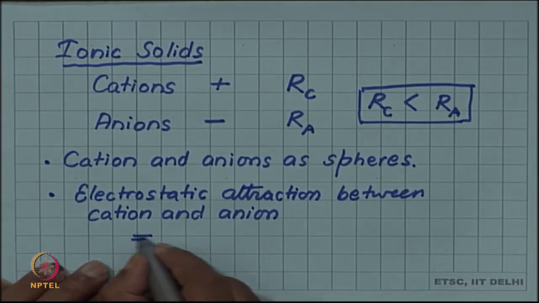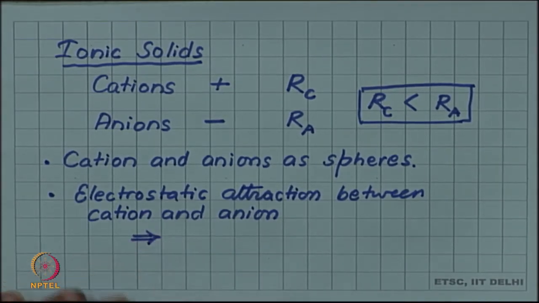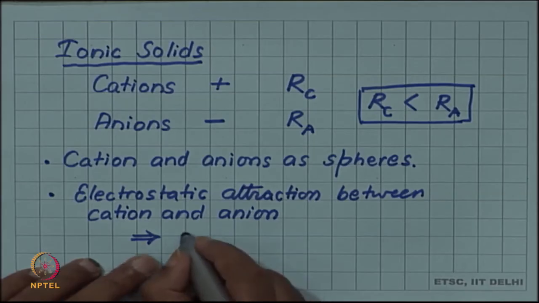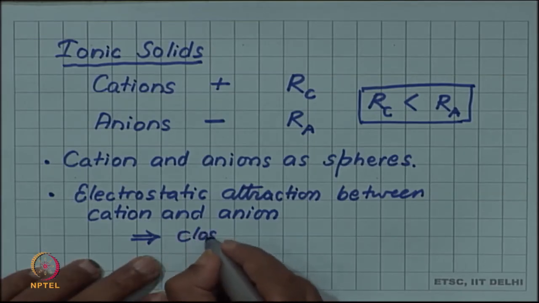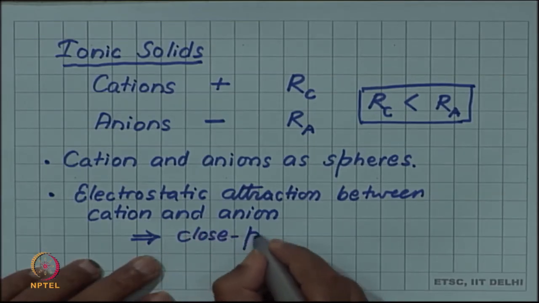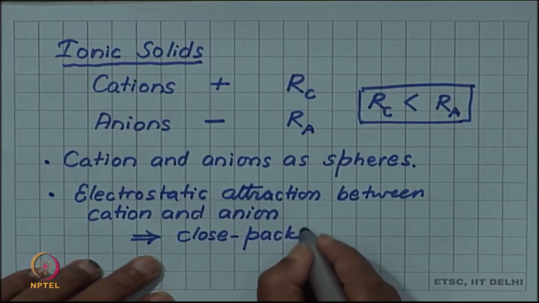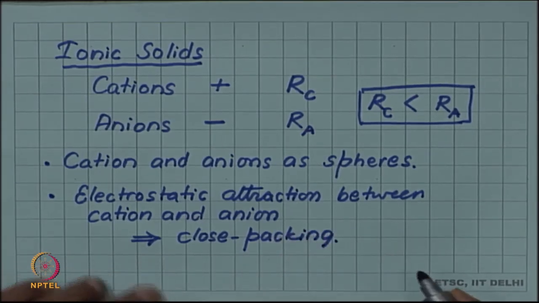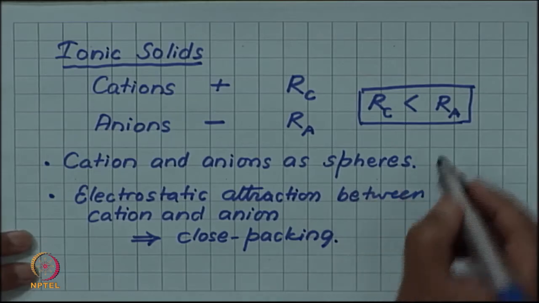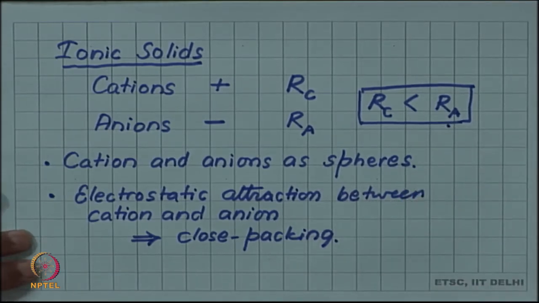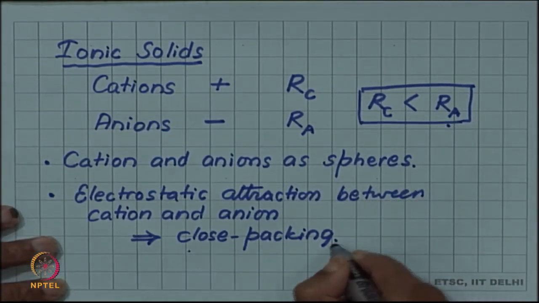So, we can model the structure as close packing of these spheres. So, this also indicates close packing. However, because of this inequality in size, this is close packing of unequal spheres.